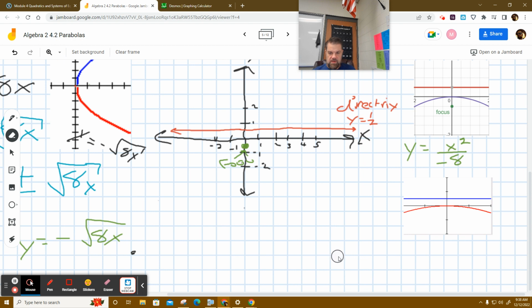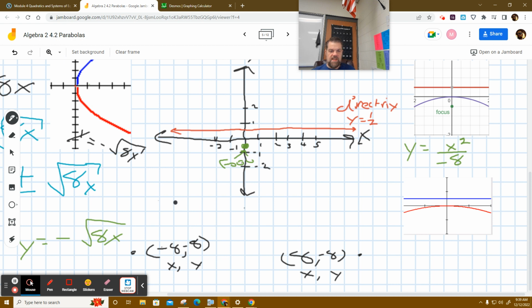And here's a trick too for graphing parabolas. 1, 2, 3, 4, 5, 6, 7, 8. So this is 8, -8. This is -8, -8. And remember, this is an x value, and this is a y value.